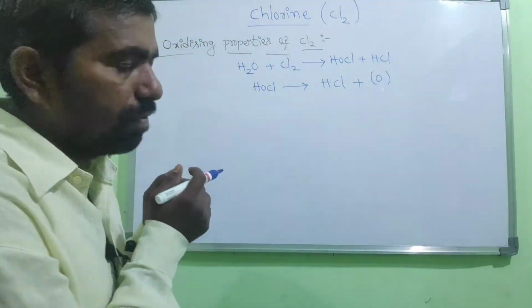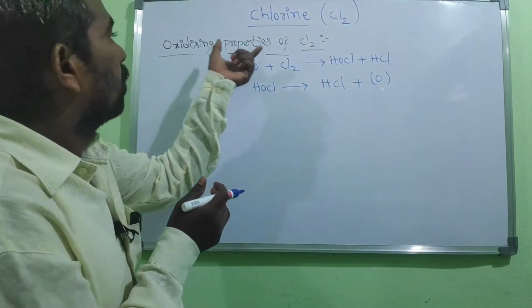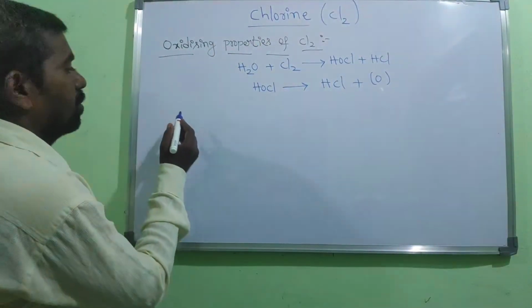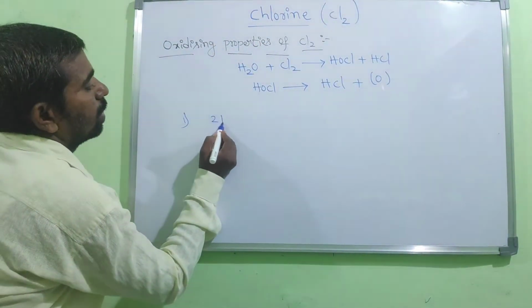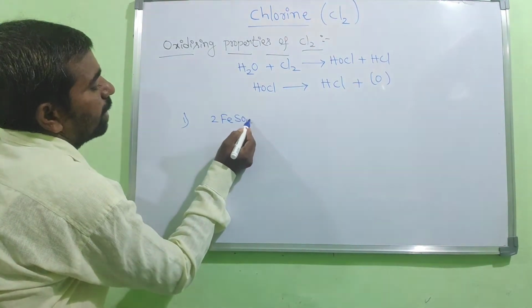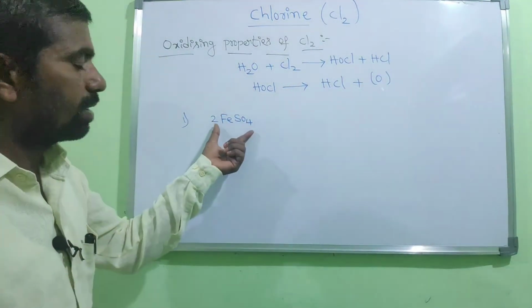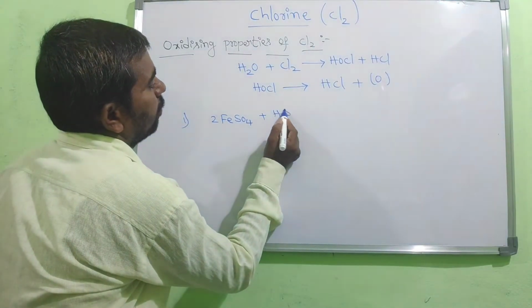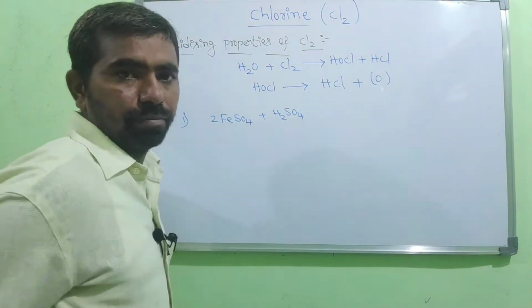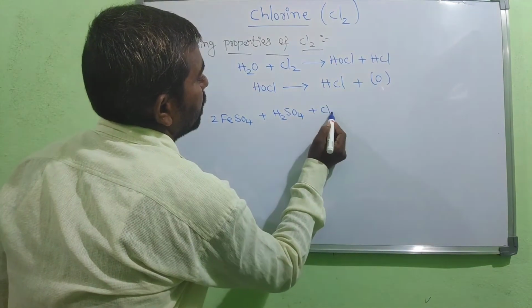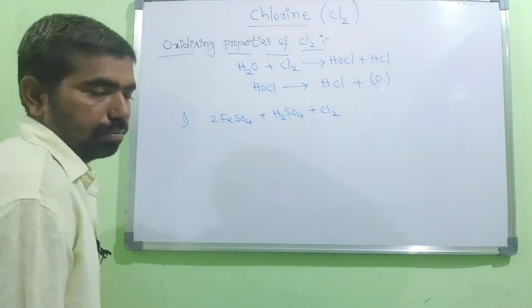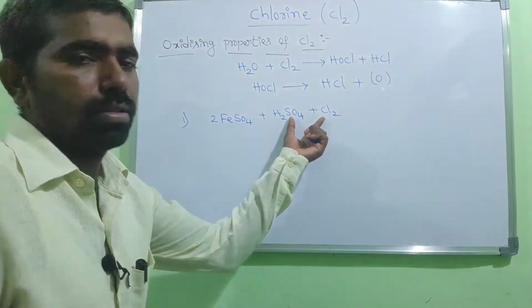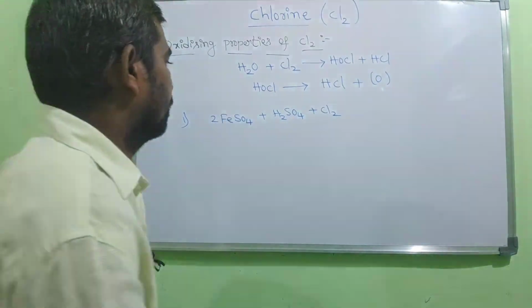Now I am writing some of the oxidizing properties of chlorine. First one, ferrous sulfate. I have taken ferrous sulfate. To this sulfuric acid is added, along with the chlorine molecule. So an aqueous medium is there.